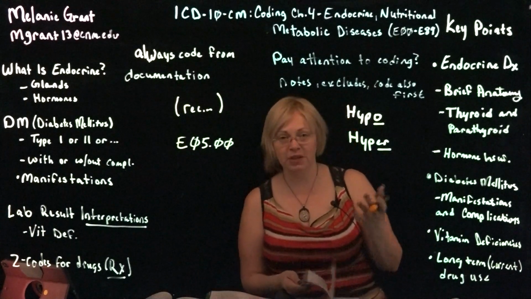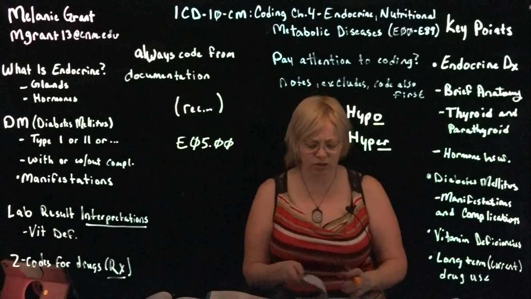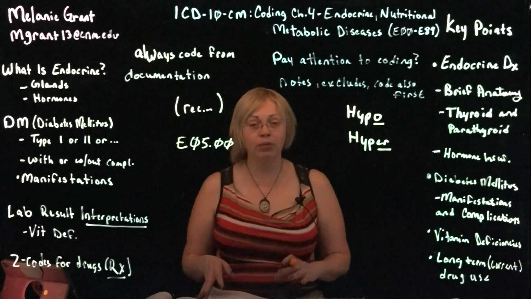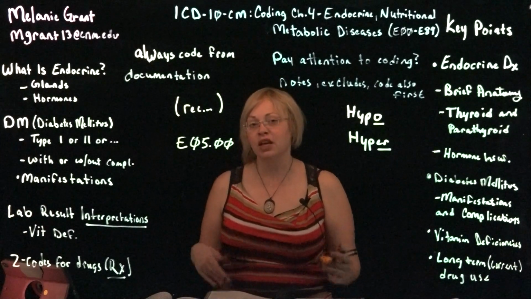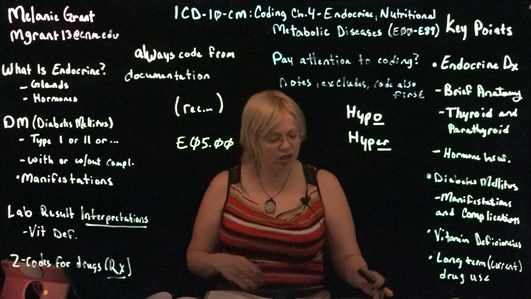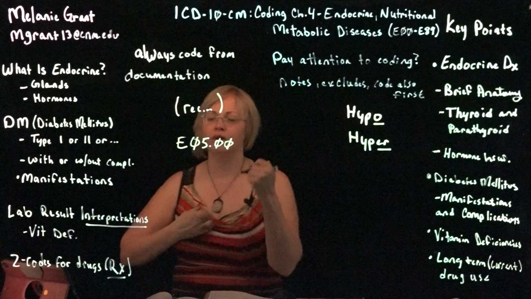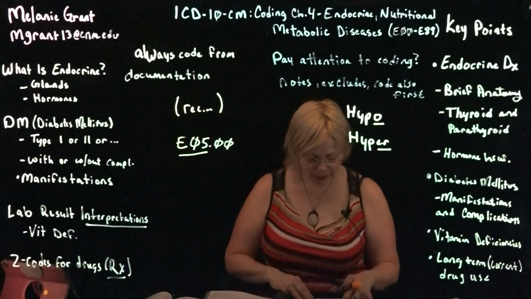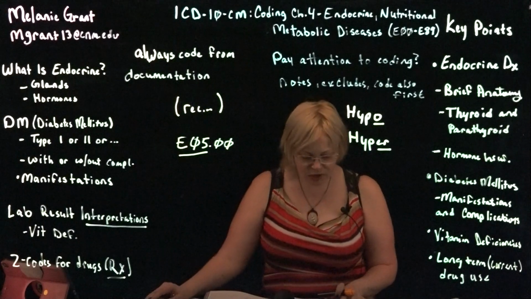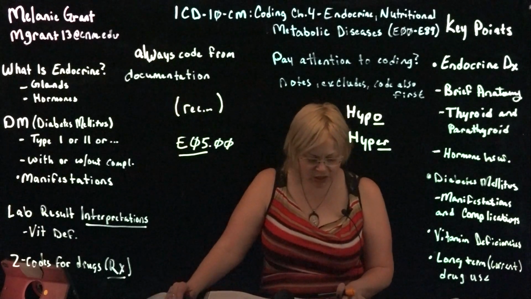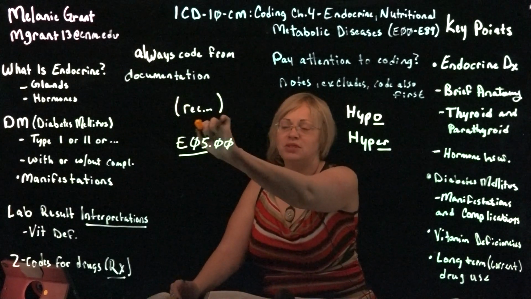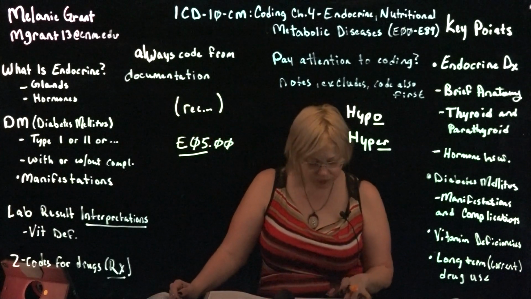But to verify that, I'm going to go into my endocrine system in my E section, and I'm going to go first to the beginning of the chapter, which I've already done, so I'm familiar with it. I know that there's a note about neoplasms and a note about prenatals that doesn't apply to this patient, so I can go straight to the category code, which is just the first 3 characters, E05. Now here, this is for thyrotoxicosis or hyperthyroidism, so it gives me another definition in parentheses.